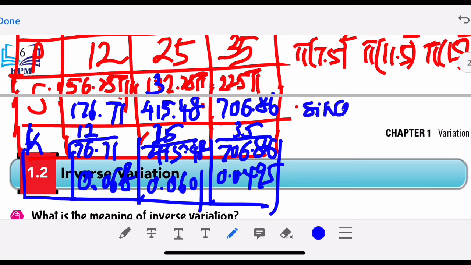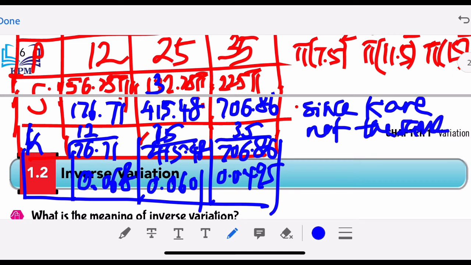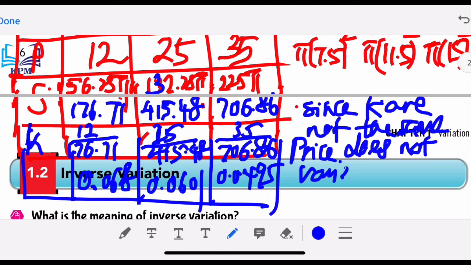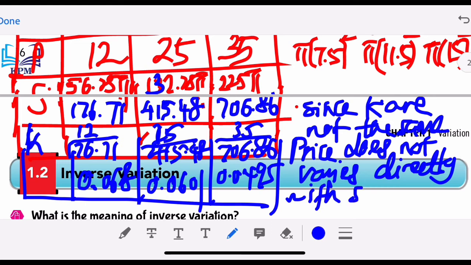Since the k are not the same, the conclusion is the price of pizza does not vary directly with the surface area of the pizza, right?